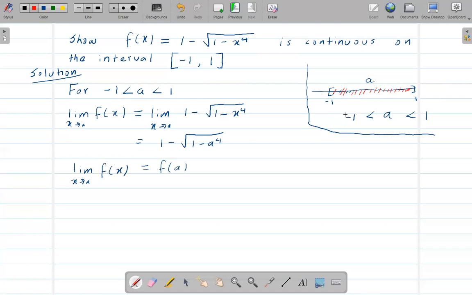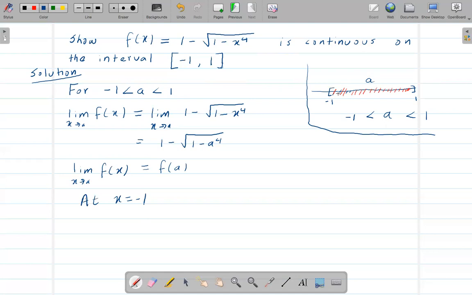Now let's look at the actual endpoint, at x equals -1. When we're saying this interval, there must be some graph.